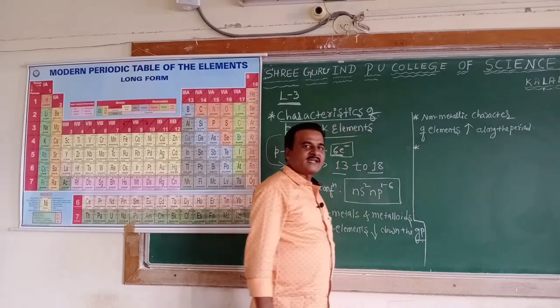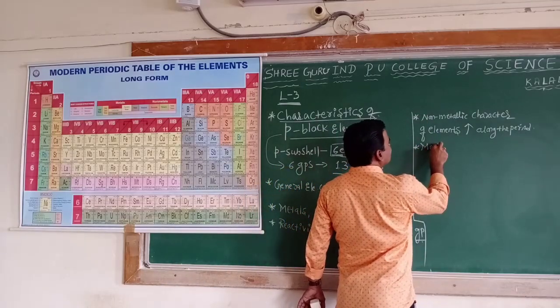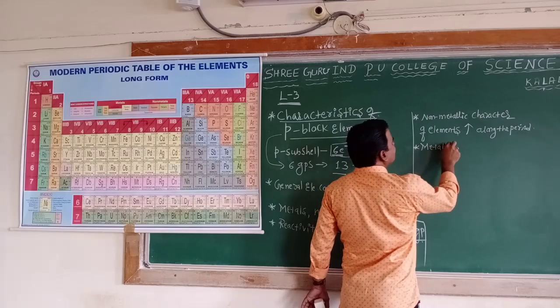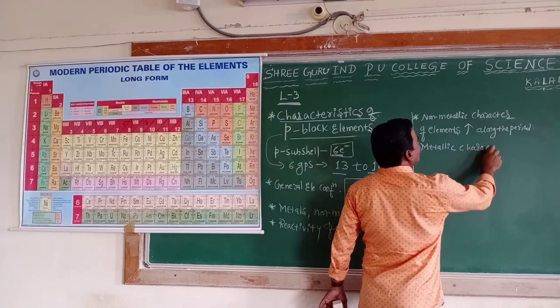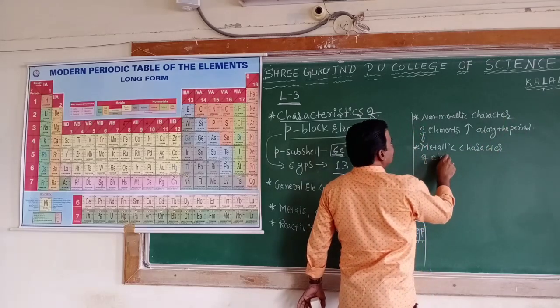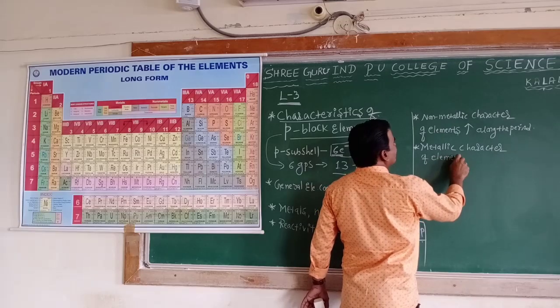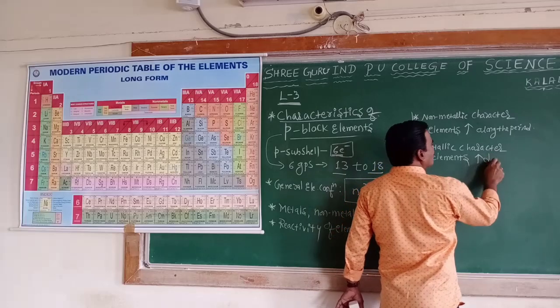Then what about metallic character? The metallic character of elements increases on moving down the group.